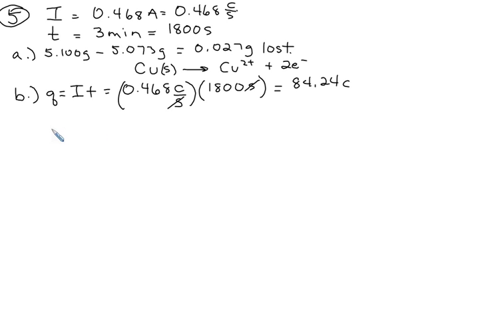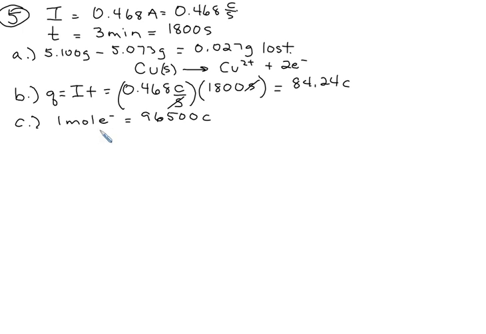Next, we're going to find out, well, how many electrons is that? And we know something called Faraday's constant, and Faraday's constant tells us that 1 mole of electrons is equal to 96500 coulombs.